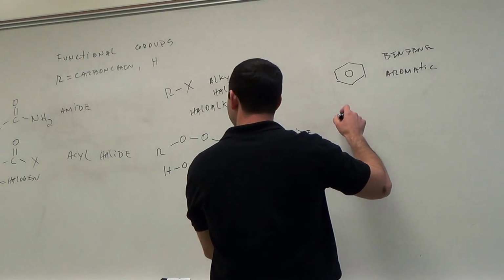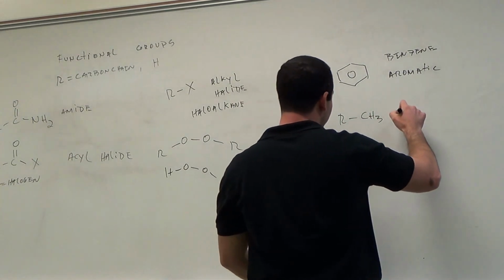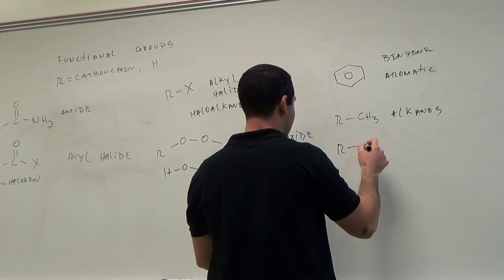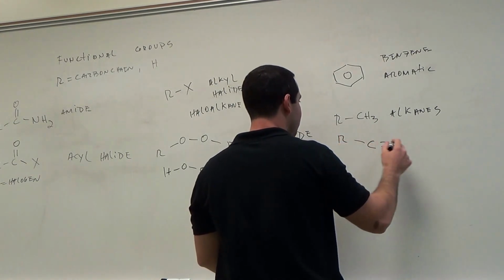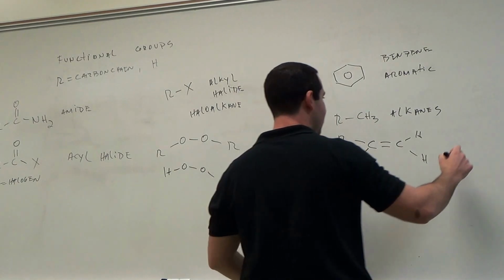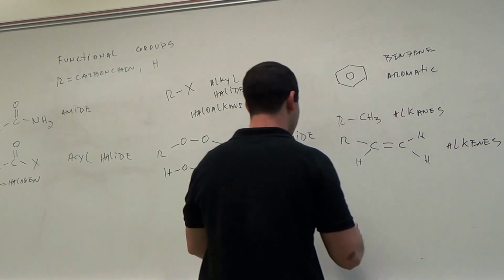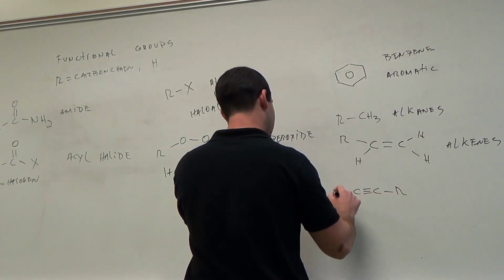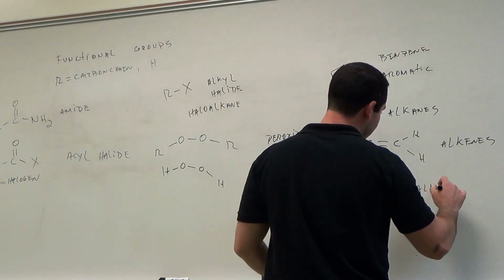We have the ones with sp3 hybridized carbons, which are called alkanes. We have some that have double bonds, and these are called alkenes. And we have some with triple bonds, which are called alkynes.